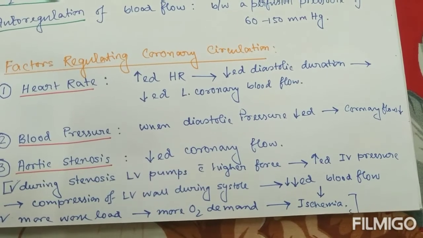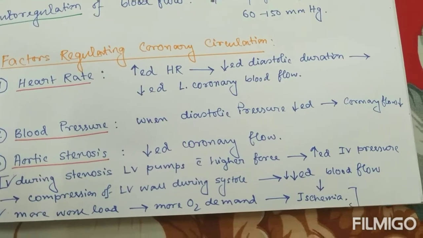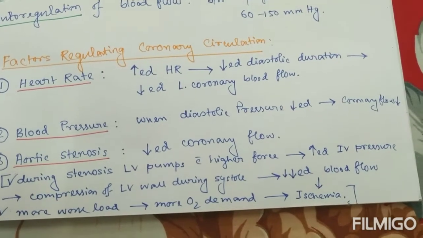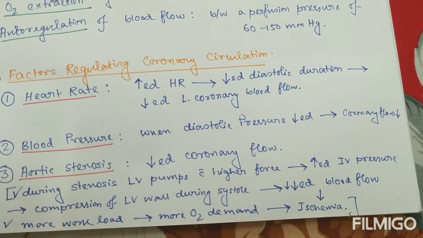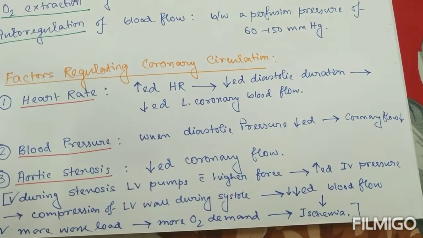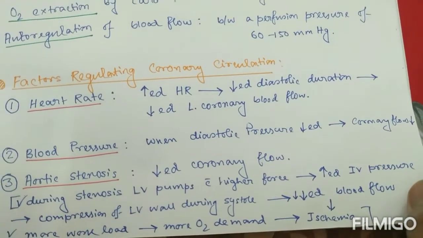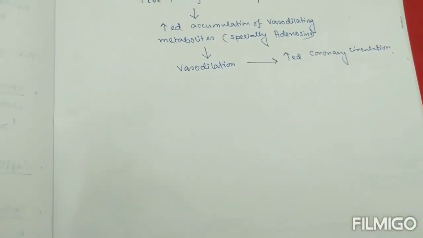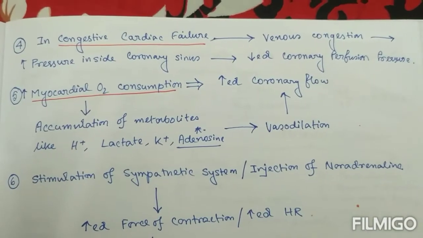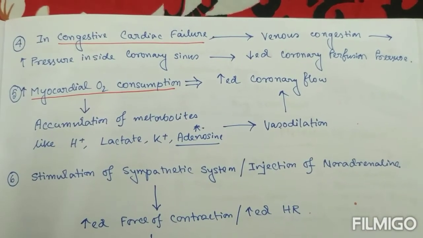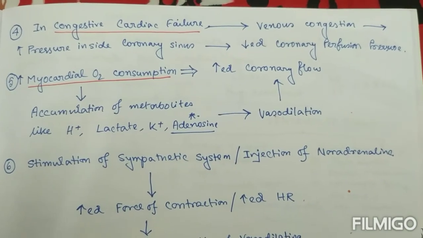And during stenosis, more workload that causes more oxygen demand and it also causes ischemia to the cardiac tissue. Ischemia means oxygen deficiency to the cardiac tissue, to any tissue. So aortic stenosis causes reduced coronary flow and ischemia.